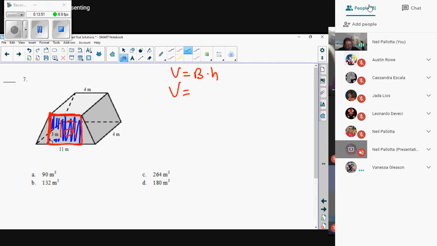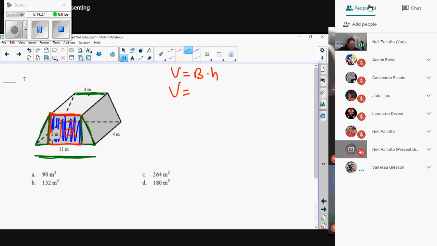But then we would still have to find the area of the two triangles, right? Now, when we put two triangles together, it makes a rectangle. So let's talk about that. If this segment up here is 4, and this segment down here is 11, what's the difference between 4 and 11? When I say difference, I mean mathematically.